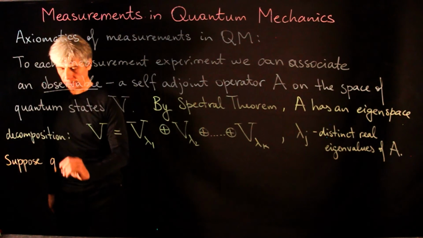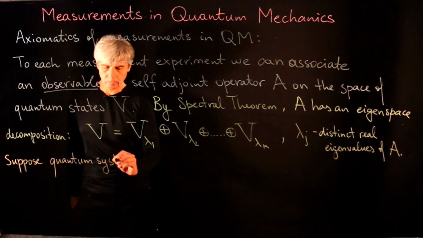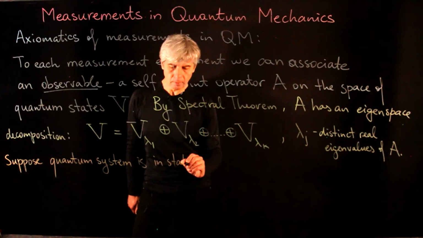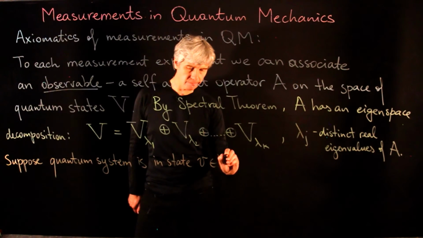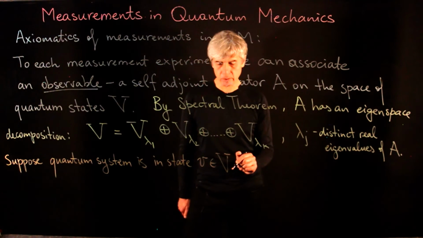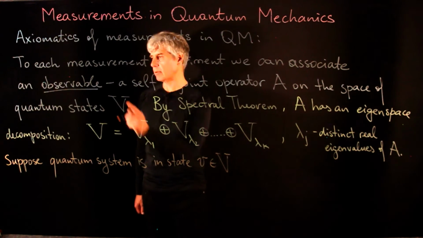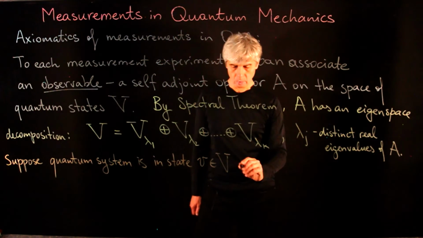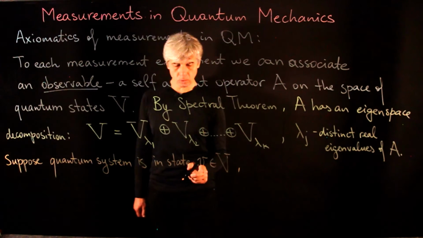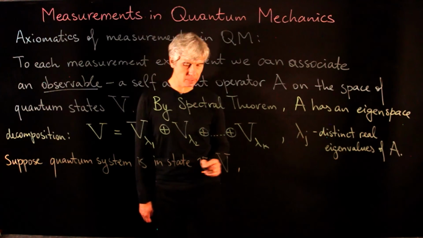So suppose our quantum system is in state V, which is a vector in this space of states, and we apply a measurement to this quantum system that corresponds to this observable A. So what will be the outcome? What we need to do is decompose this vector according to this eigenspace decomposition.